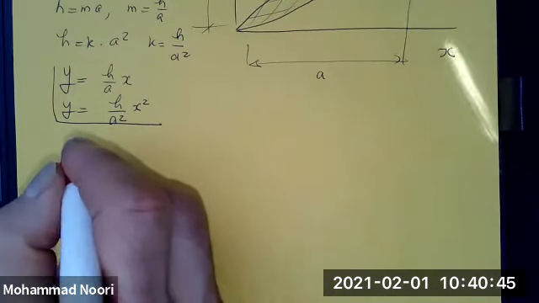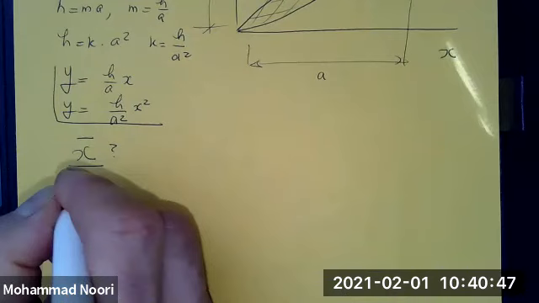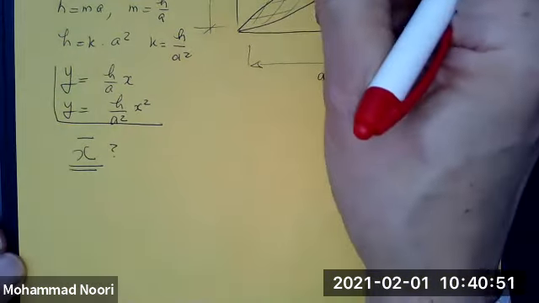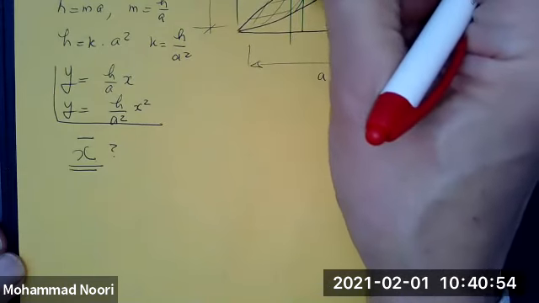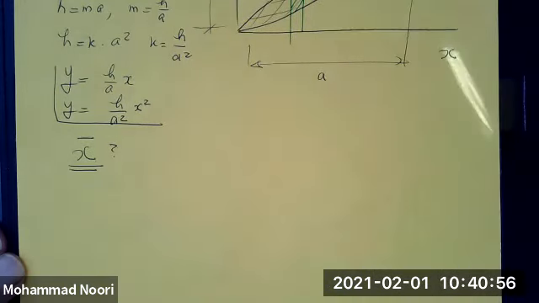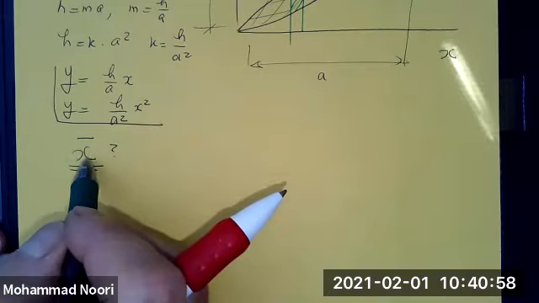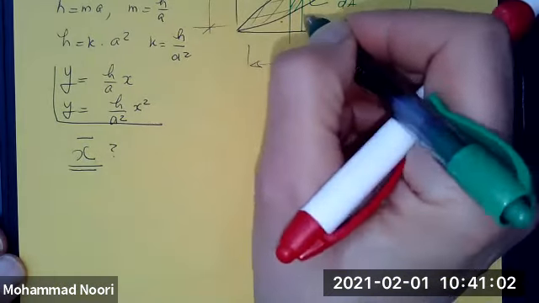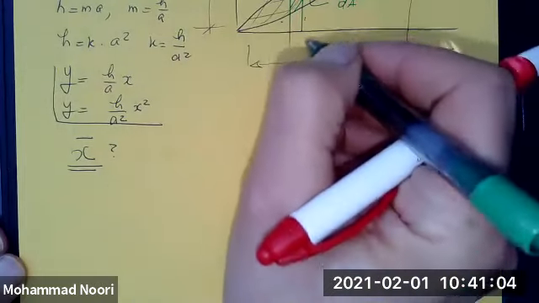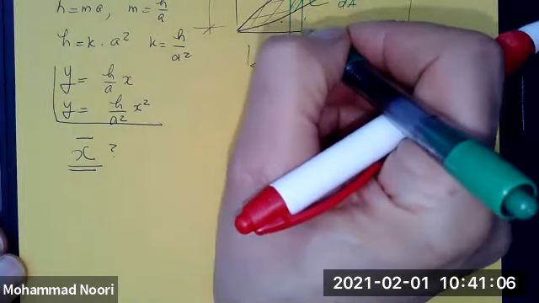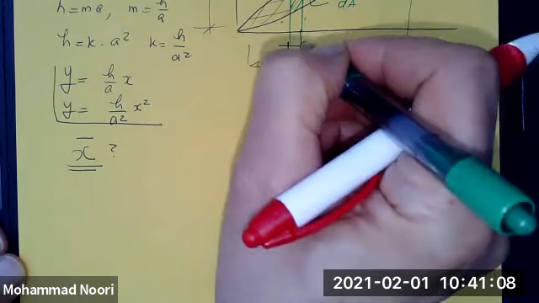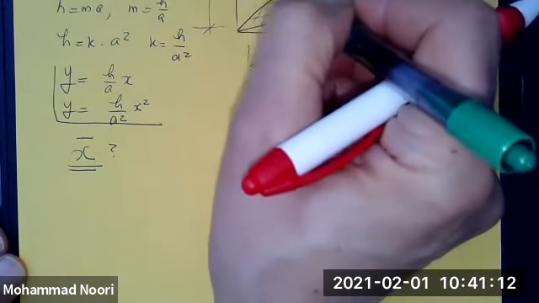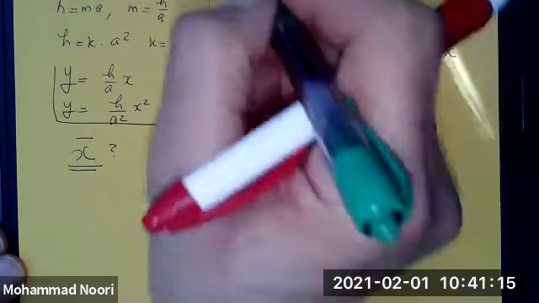To evaluate x bar, you always set up a differential area with sides parallel to the y-axis. So remember, for x, you set up a differential area with the two sides parallel to the y-axis. So this is dx, and the height of this differential area is what?